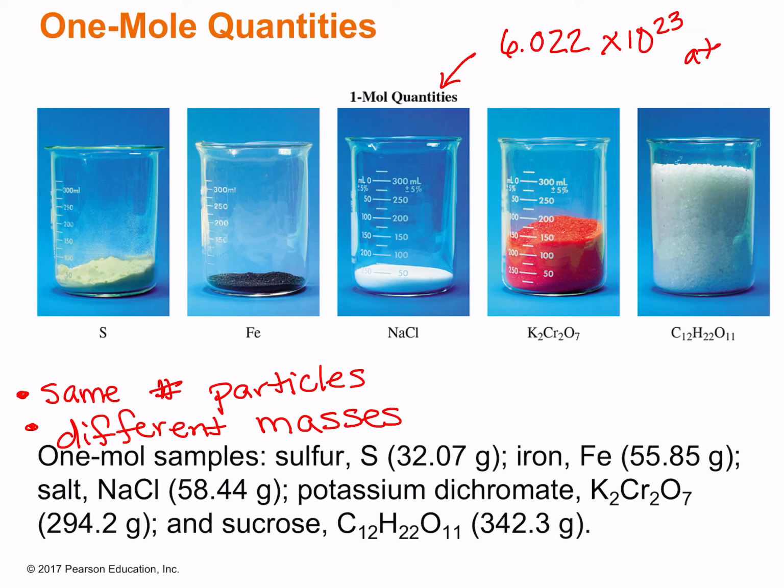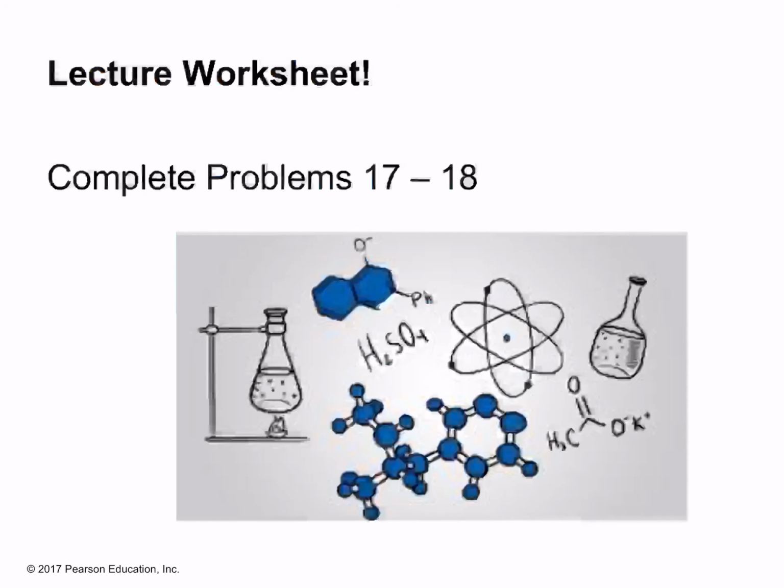So that means either atoms or molecules. Okay, so again, they're going to have different masses here, but the same number of particles. So if they have different masses, right, they'll have different amounts of stuff. So that's why we're seeing all different volumes here.